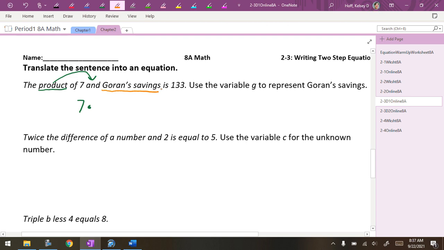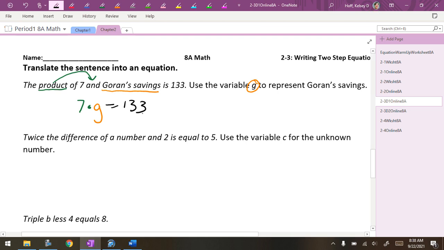Why does it have to be G? Because at the end it says use the variable g to represent Goran's savings. Equals 133. So many times people raise their hand and say, I don't know why I'm getting this wrong. And the pop-up will say, make sure you use the right variable. That just means you used the wrong letter. They're going to tell you what letter to use today. So pay attention to that, okay?